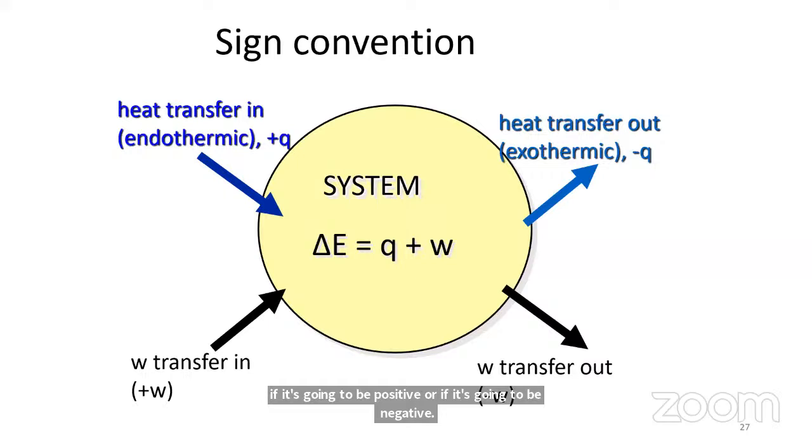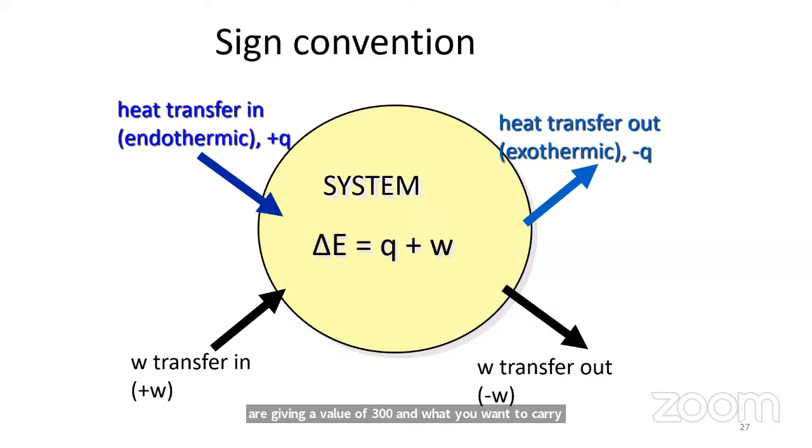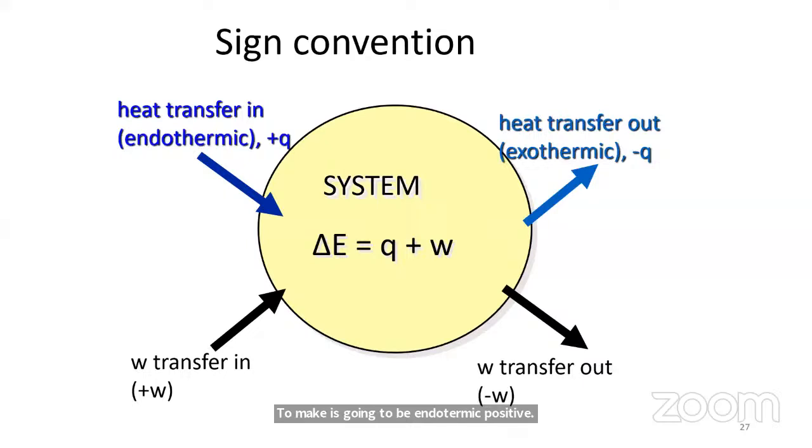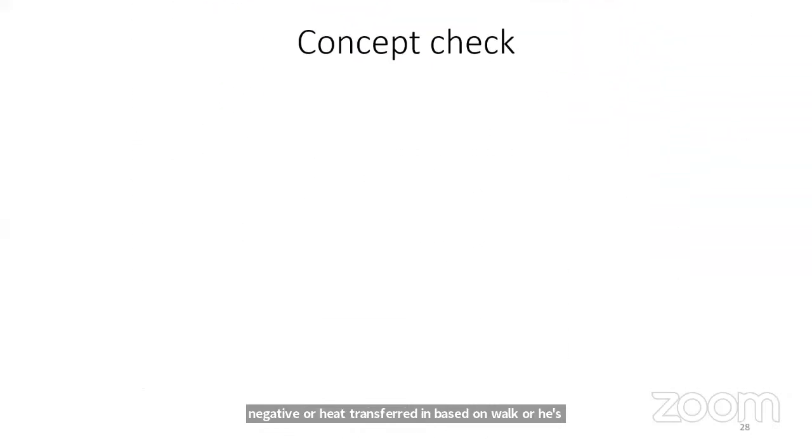Say you are given a value of 300, and when you want to carry out the calculation, they say that the heat is given out. What it means is you are going to add a sign to that value that has been given to you. It's not going to be either positive or negative arbitrarily; it is based on the question. So the sign convention is very important: endothermic positive, exothermic negative, heat or work transferred in, or heat or work given out.